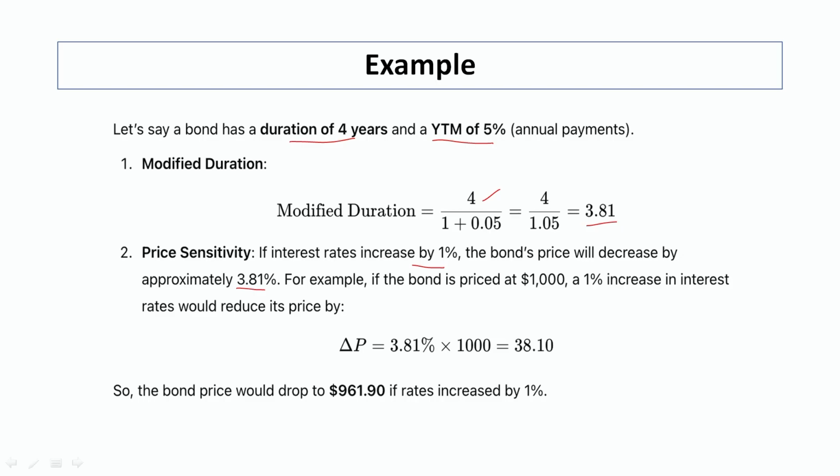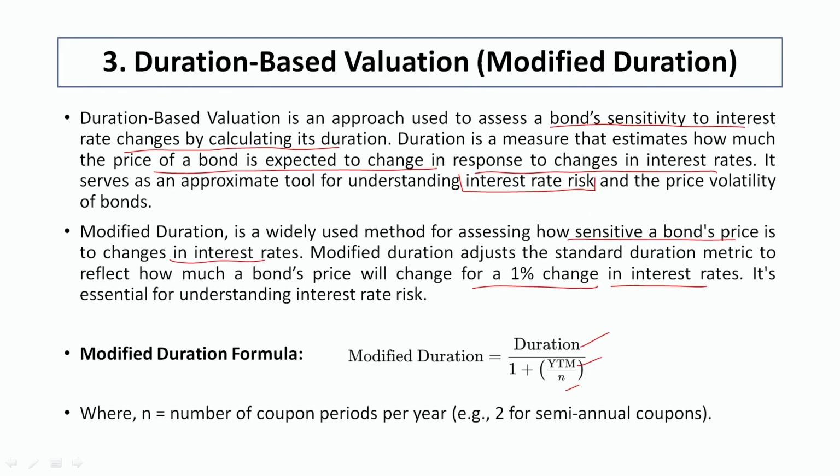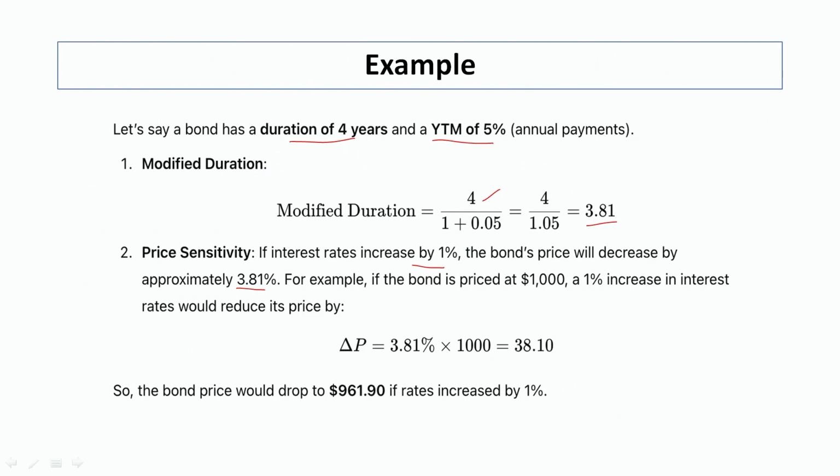So, we have mentioned in this particular concept that modified duration adjusts the standard duration metric to reflect how much the bond price will change for 1% change in the interest rate. So, here if there is an increase in bond interest rate by 1%, the bond price will increase or decrease approximately by 3.81%.